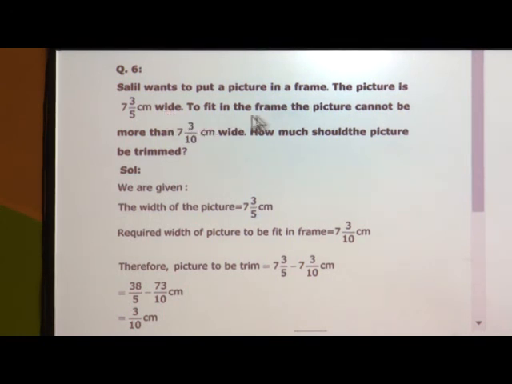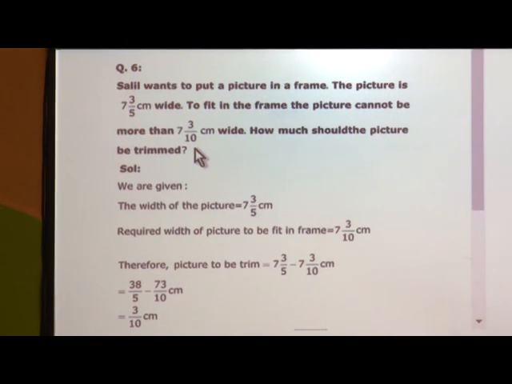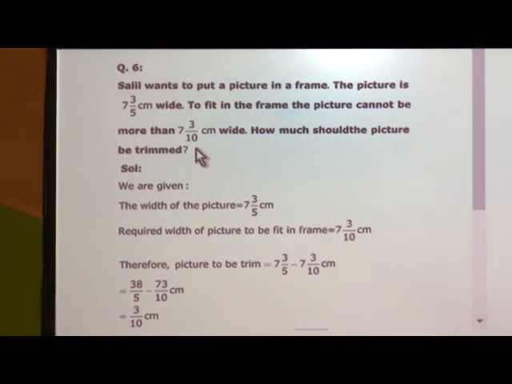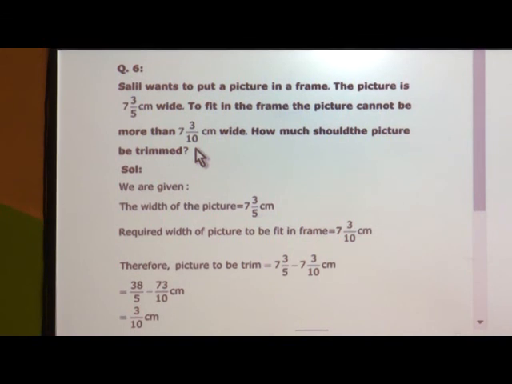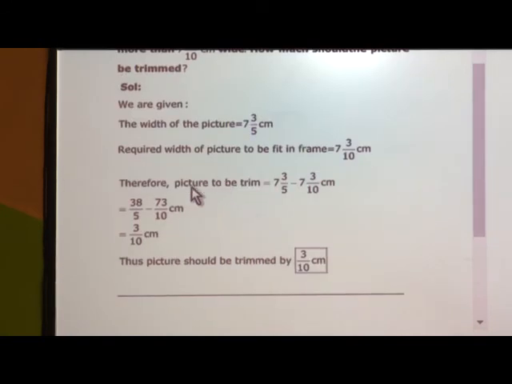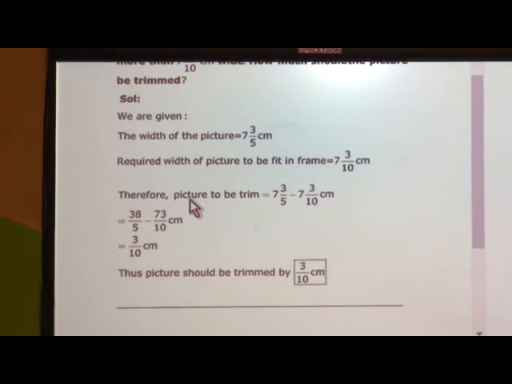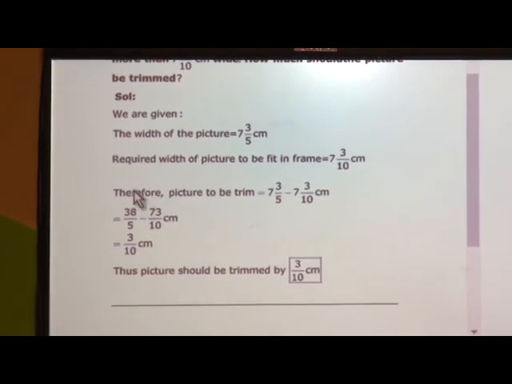To fit in the frame, the picture cannot be more than 7 whole 3 upon 10. There is a restriction given to us that it should not extend more than 7 whole 3 upon 10 centimeter wide. How much should the picture be trimmed? It means you will cut to fit the picture or photograph in the given frame.